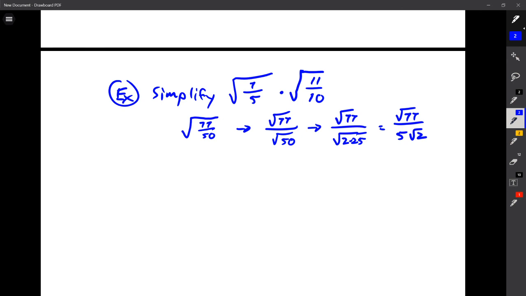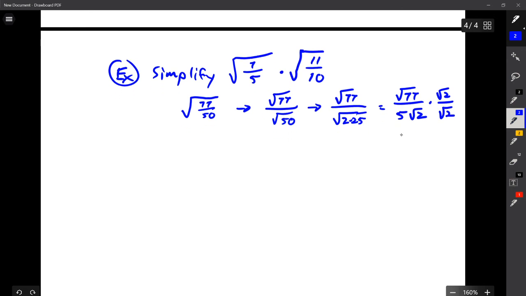But now we have that rule number 3. We have a radical inside the denominator. So we fix that by multiplying top and bottom by root 2, so root 2 over root 2. That will give us 77 times 2. Well, 70 times 2 would be 140, but then we have that 7 times 2, 14, so 154.